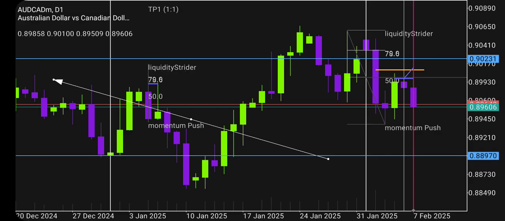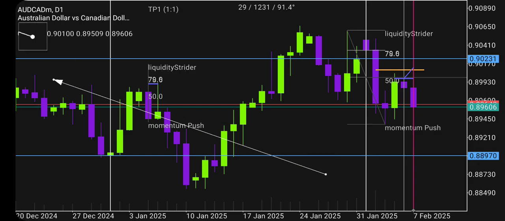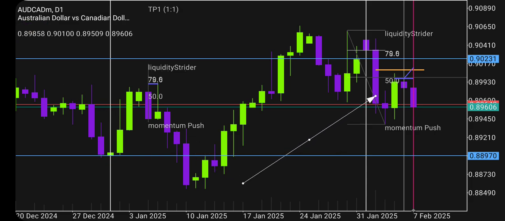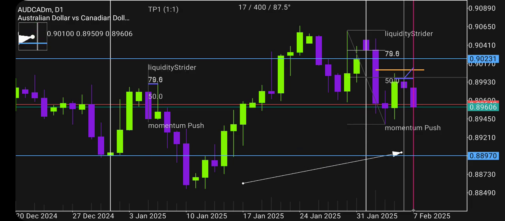I do not have the weekly time frame. Be aware that I do not have the weekly time frame, but we are actually trading the weekly time frame. This strategy that I'm using, I'm not scalping, I'm actually swing trading. So I expect the market to still push to this level.